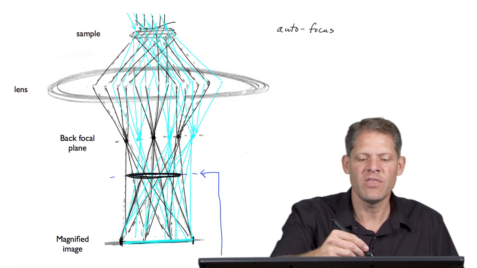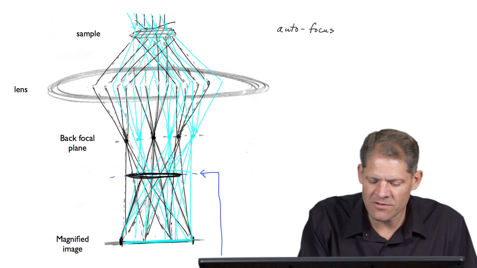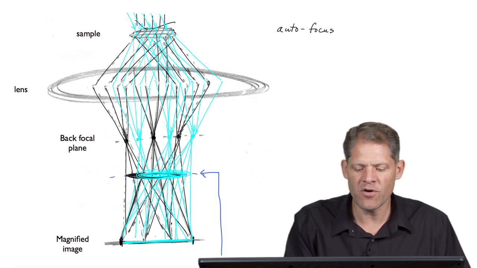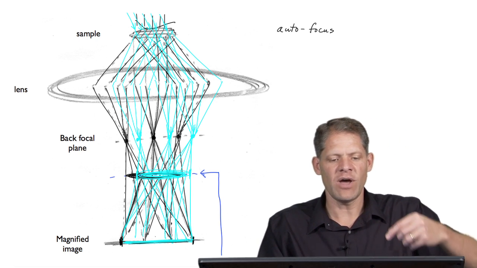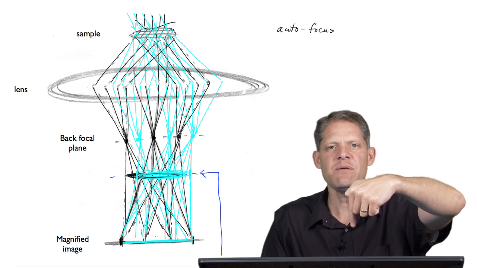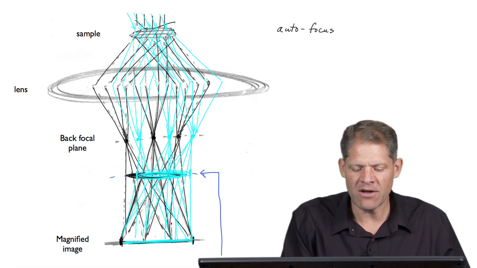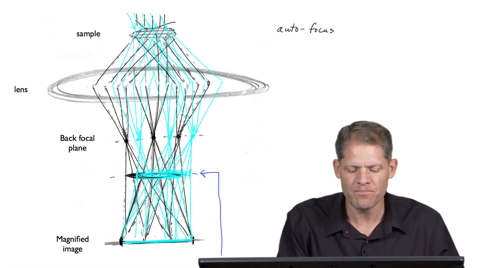But from the tilted beam, now the bulk of the scattering is from here to here. And so we would have an out of focus image that was from here over to here. And so as we wobble the beam tilt coming into the sample, we would see these out of focus images moving from left to right, back and forth.